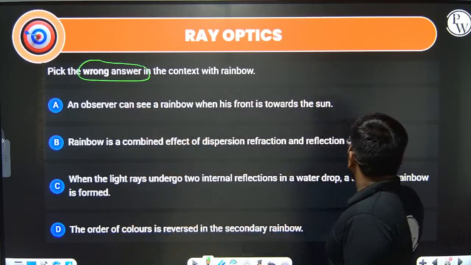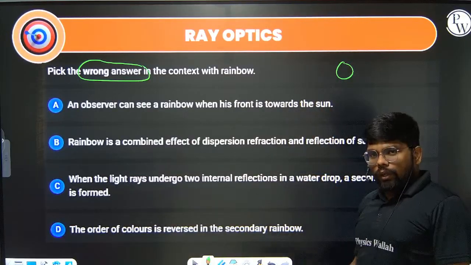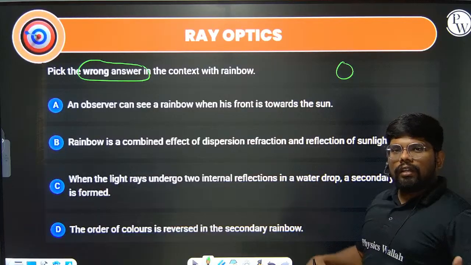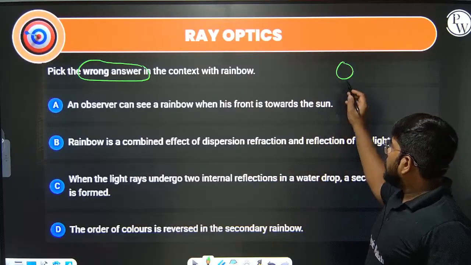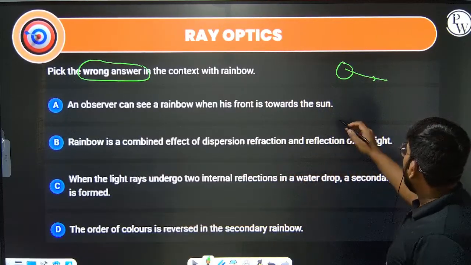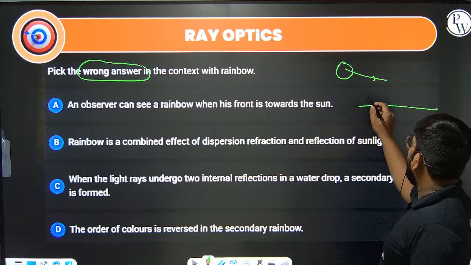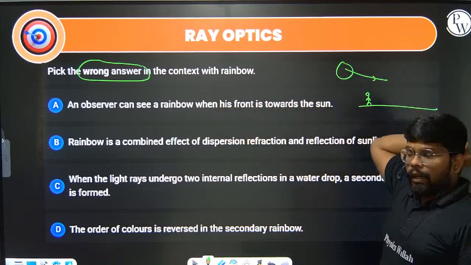When the rainbow is formed, do you see a rainbow in the afternoons? Rainbows will be seen only either in the morning or in the evening when the sun is at lower angles, that is, the light should be coming at an angle of 40-45 degrees around. When the rainbow is there, you will not be facing the sun. Sun will be behind you.